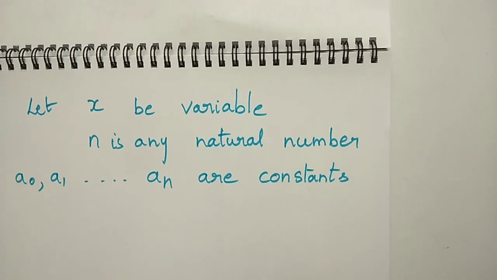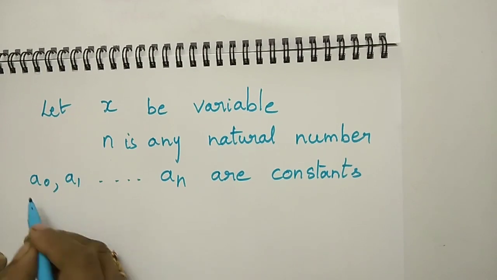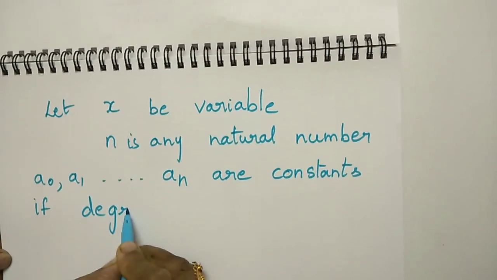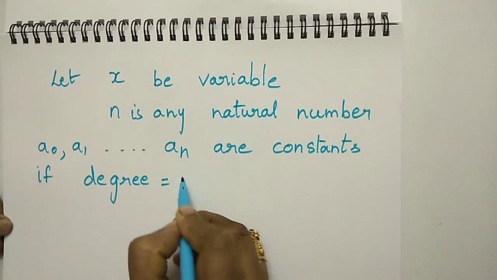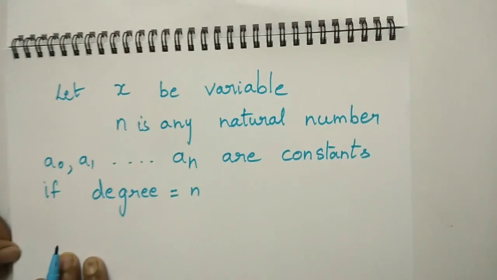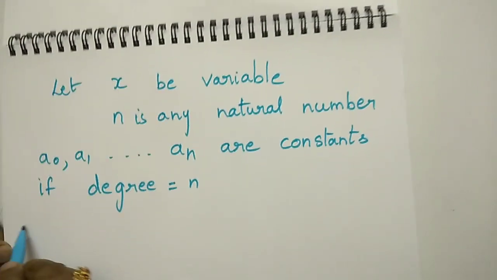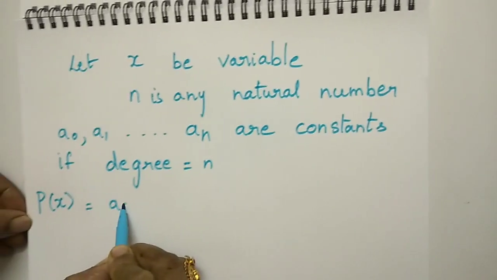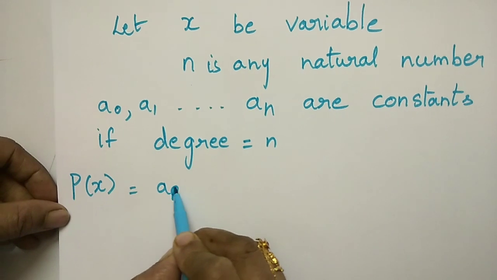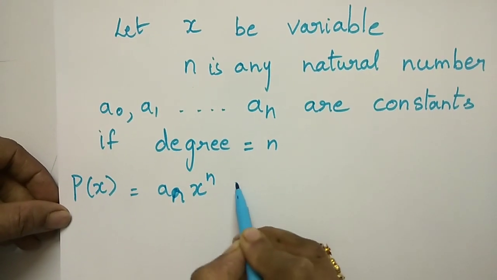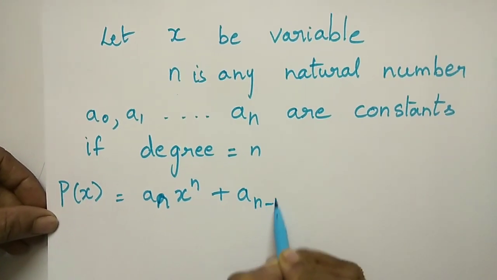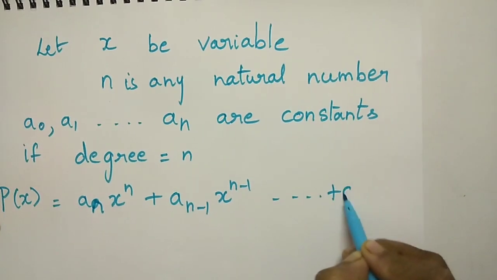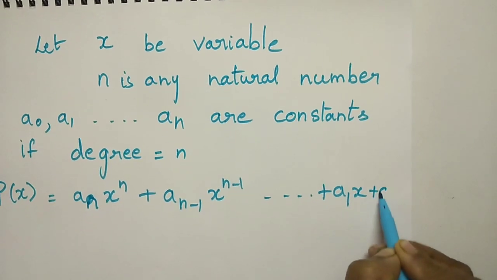Now, if the degree is n, then the general algebraic expression of the polynomial will be of the form p of x is equal to an x power n plus an minus 1 x power n minus 1, so on up to a1x plus a0.